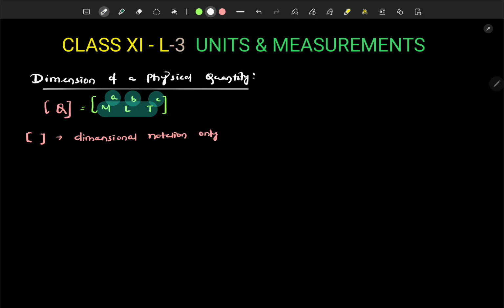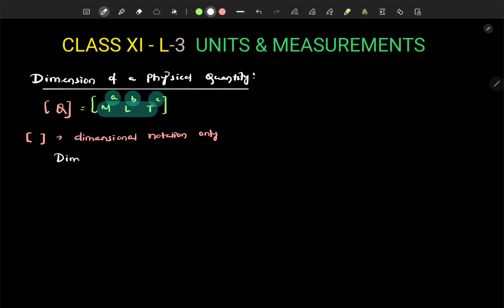Here, to represent the quantity Q, we are taking the help of the fundamental quantities M, L and T, mass, length and time, and here mass power is A, L power is B and T power is C. So A, B, C are the powers of M, L, T. M, L, T are fundamental quantities, and A, B, C are called the dimensions of quantity Q in terms of mass, length, time respectively. Yes? Okay.